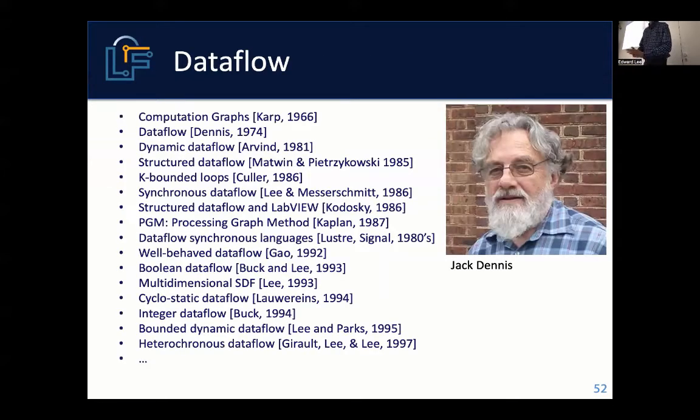Okay, so Dataflow has a pretty long history. A lot of people credit Jack Dennis with having kind of originated its use as a model of computation, but it's traceable even further back to Dick Karp way back in 1966. And at that time, these guys were thinking of it as an alternative principle on which to build microprocessors.